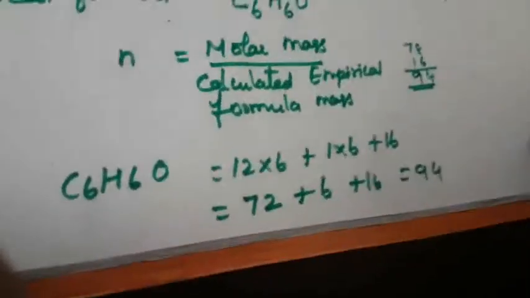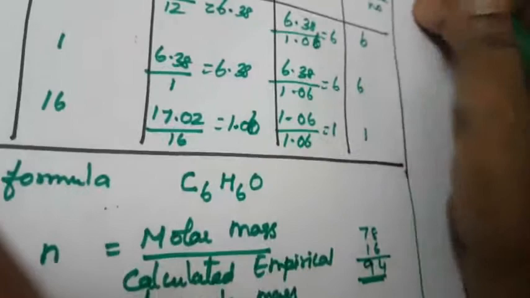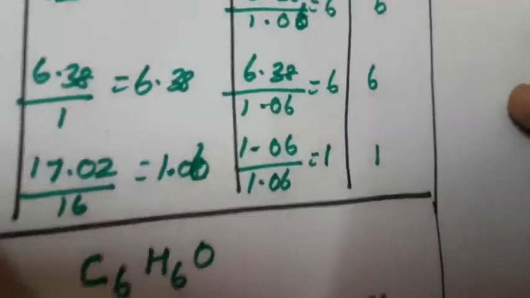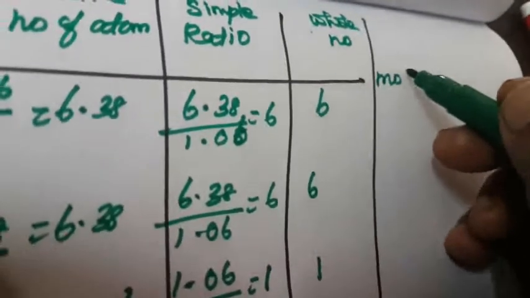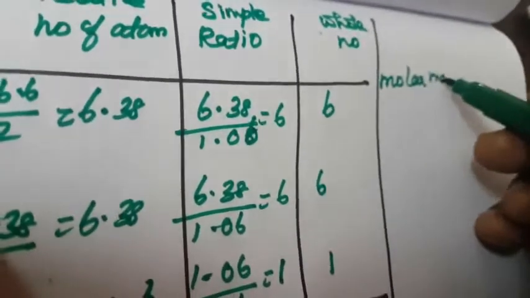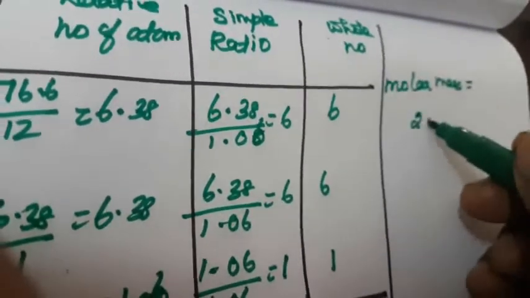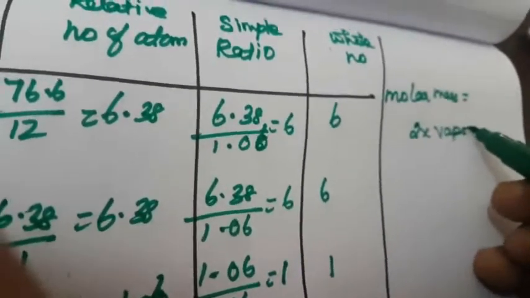Okay, now next calculation is what is molar mass. Molar mass, already given, what is the value given? Vapor density is given. So from this one, molar mass equals 2 into vapor density. This is another formula.